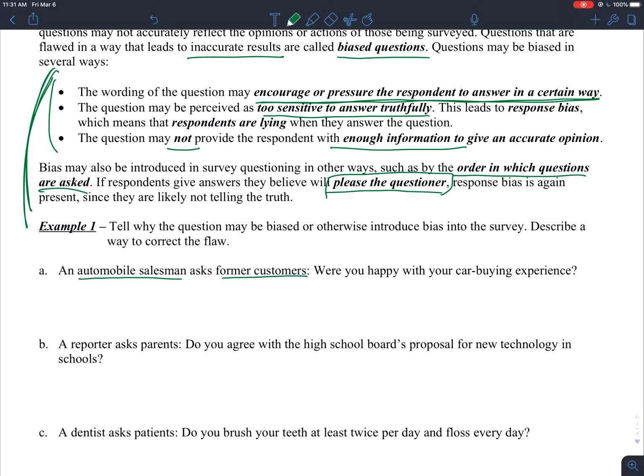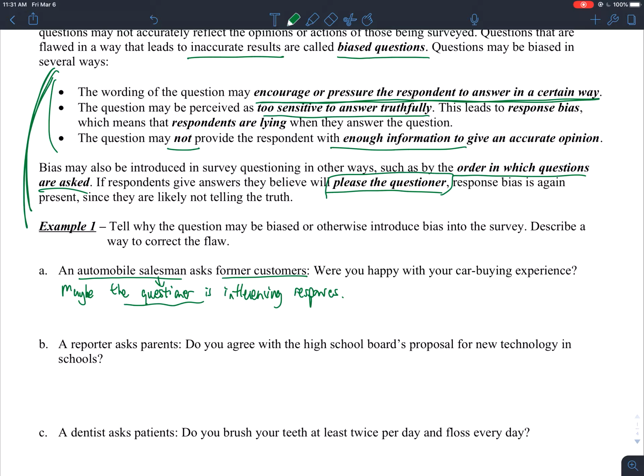So, you can say maybe the questioner is influencing responses. Okay? So if I bought my car from you and then you ask me if I am happy with the service that I got, maybe I don't feel good about telling you, no, your service sucked. Okay? So maybe the questioner, in this case the automobile salesman, is influencing people's responses.